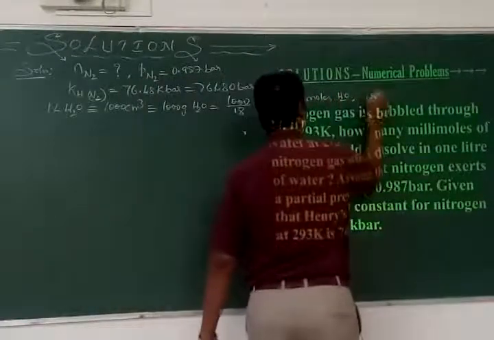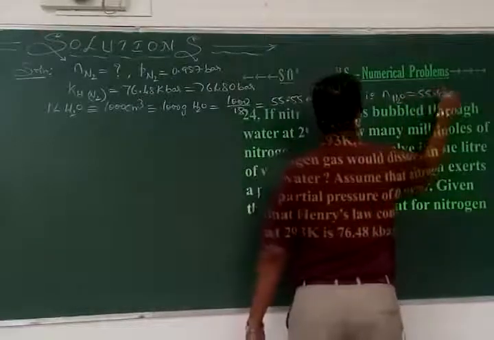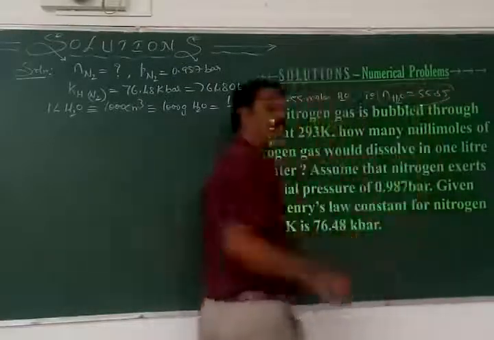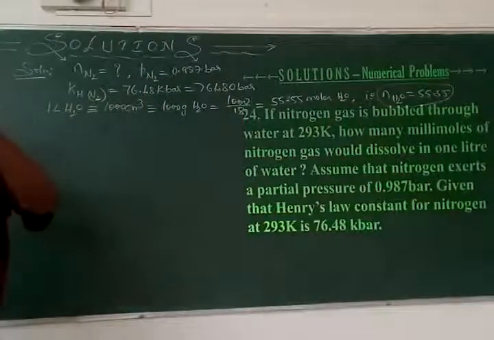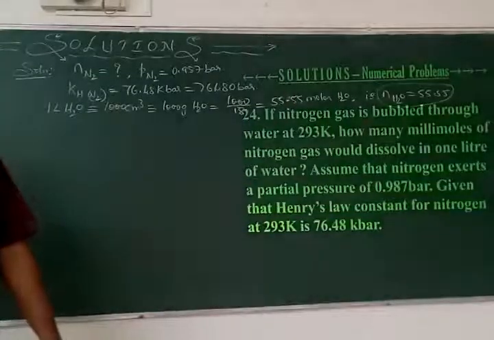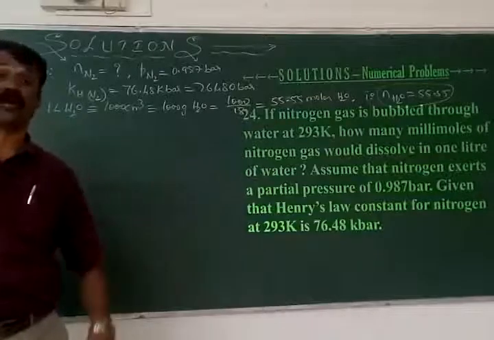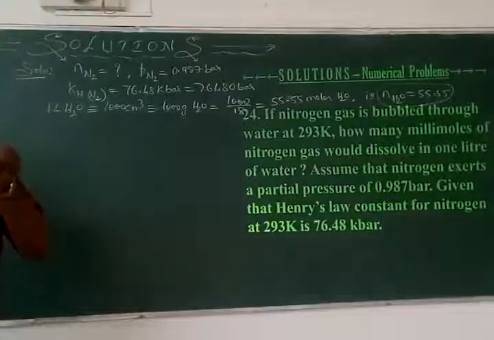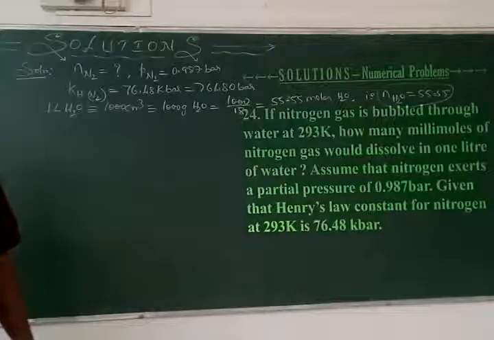That is, N of H2O is equal to 55.55. You have to remember this directly if you want to do the solvation in numericals. 1 liter of water itself is 55.55. In the previous problem I mentioned 500 ml of soda water, which had 27.77 or 78 moles. What is the double of that?